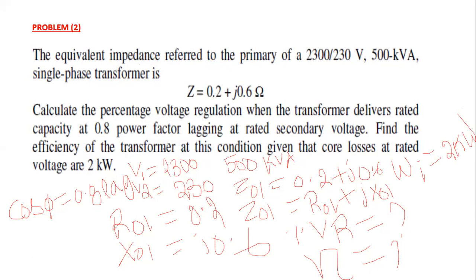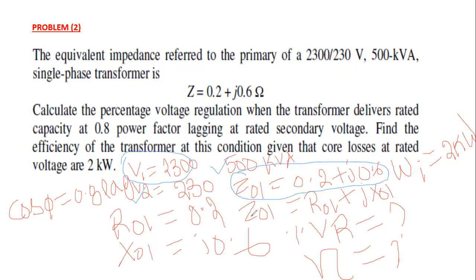This is the given data. First is V1, next is V2. Next, the rating is 500 kVA. Next, Z01 is given in the question: Z01 is equal to 0.2 plus j0.6.